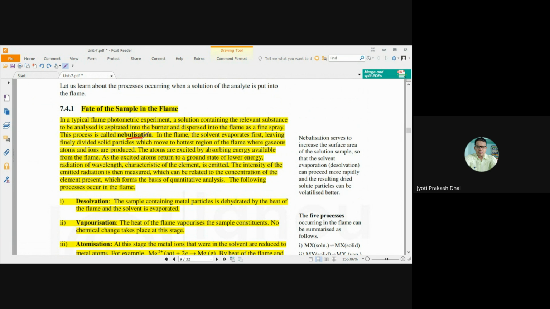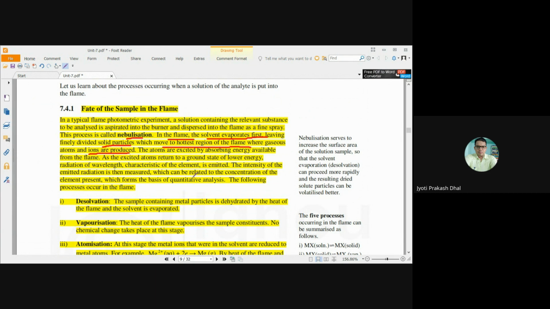In the flame, the solvent evaporates fast, leaving finely divided solid particles which move to the hottest region of the flame where the gaseous atoms and ions are produced.